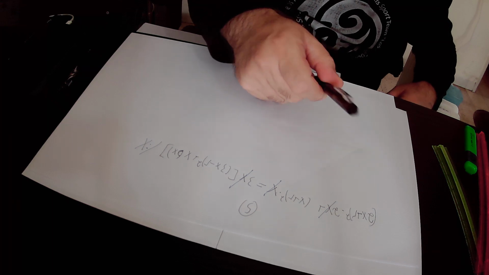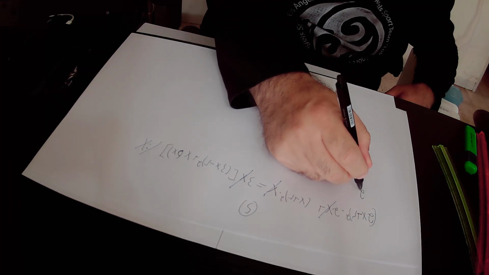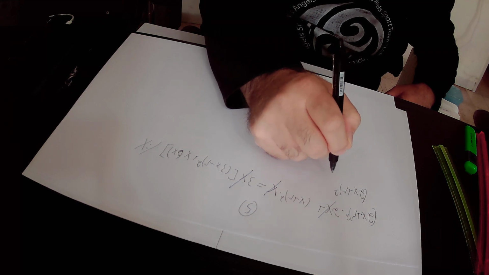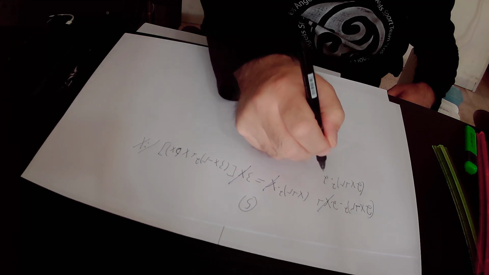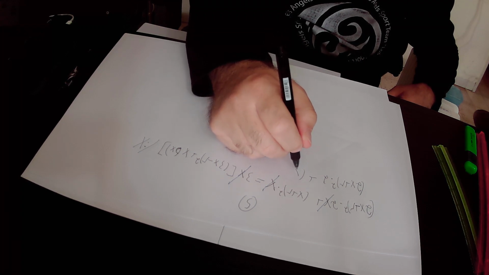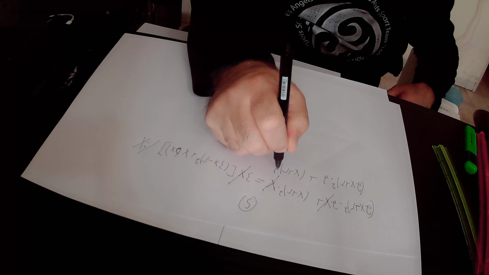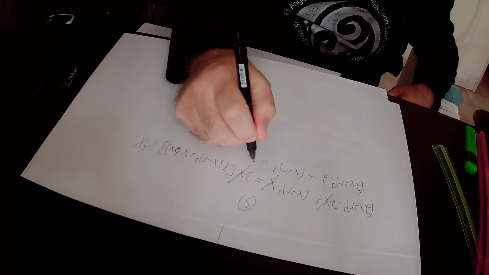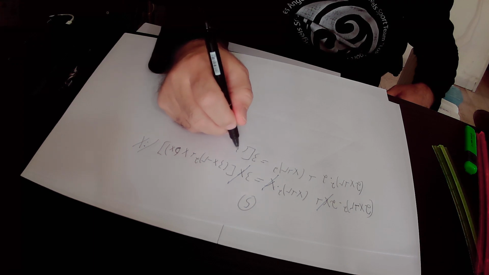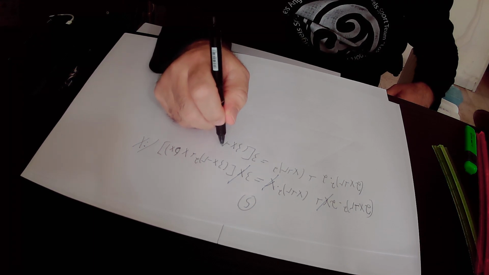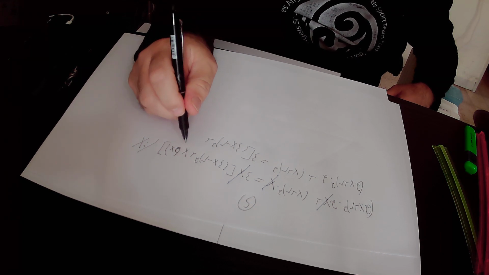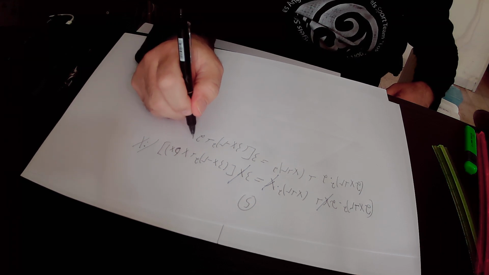On this side of the equation we have 2x plus r squared times 2 plus x plus r squared equals 3. Inside the brackets we have 3x minus r squared plus x times 2x is 2x squared.